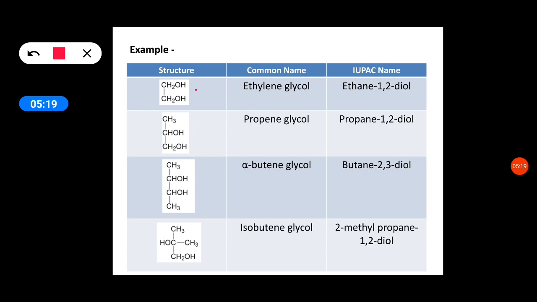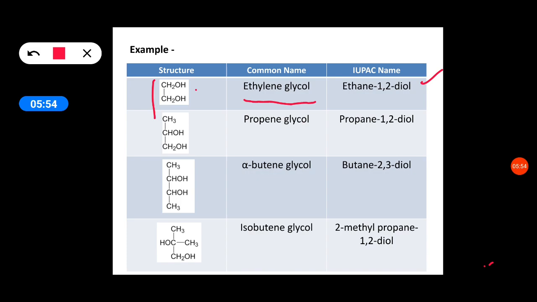So usually the glycols are given name from which alkene they are prepared. So CH2, CH2, if CH2 double bond CH2, then it is ethylene. And this alcohol is prepared from ethylene, therefore it is ethylene glycol. But in the IUPAC name, 2 carbons are there in the straight chain, therefore it is ethane. On first carbon and second carbon, OH groups are present, therefore it is ethane 1,2-diol.